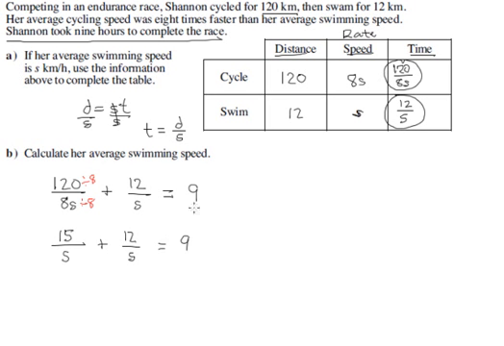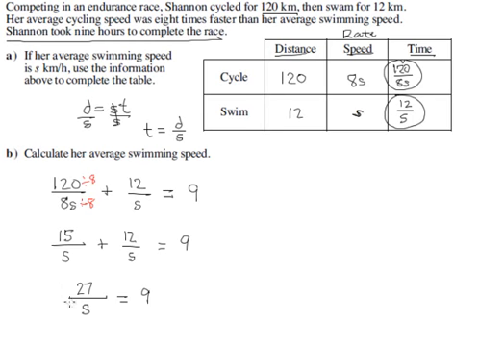Now, unexpected payoff here. I thought I was just doing a mathematical good deed by reducing these, but look, we got our common denominator for free by doing that, so that's rather nice. If we add these together, we get a common denominator of s, and 15 plus 12 is 27.